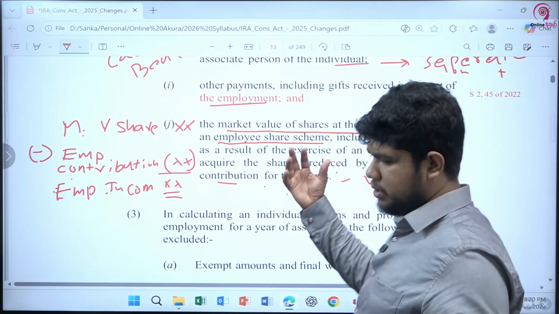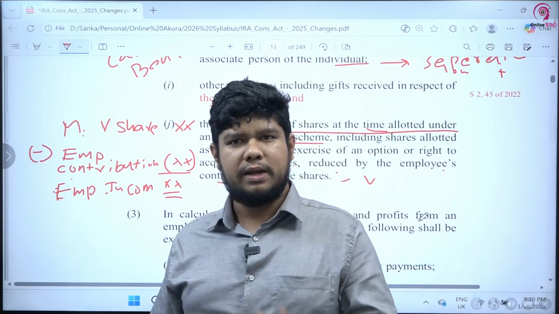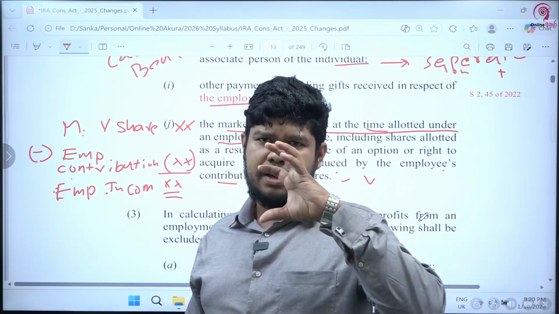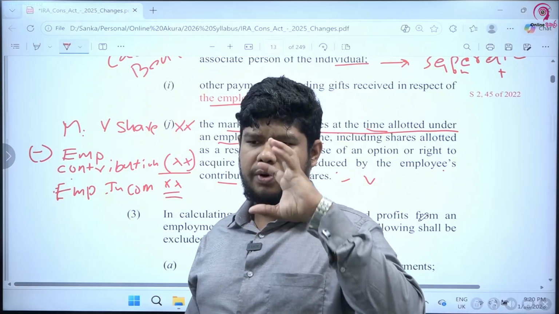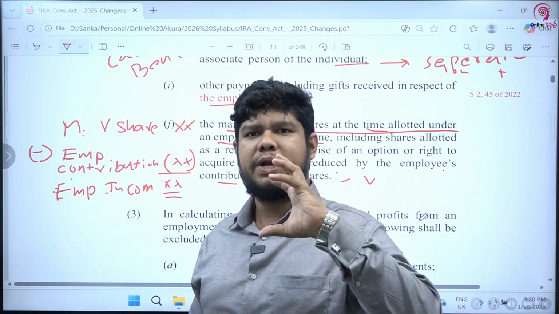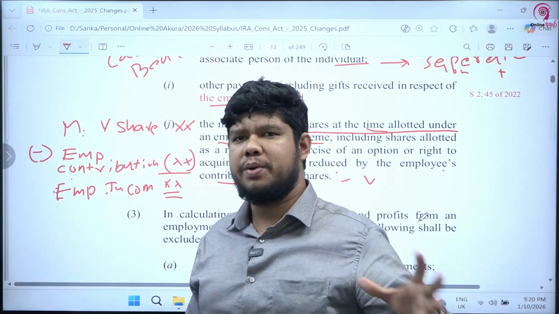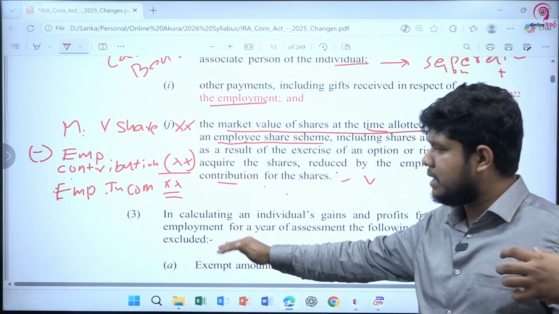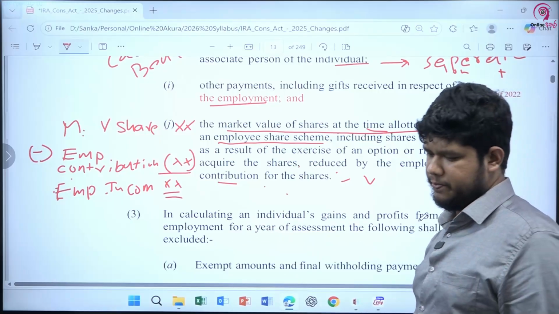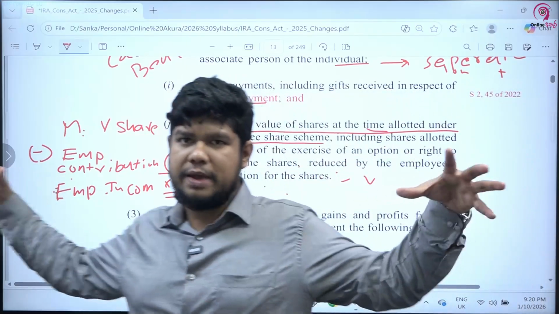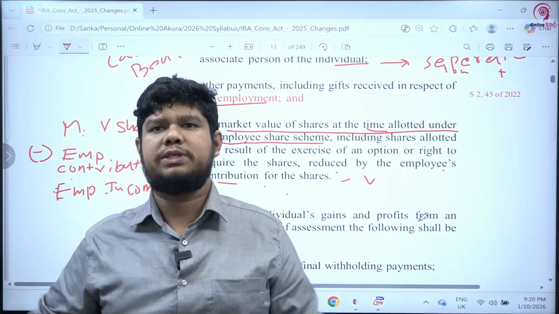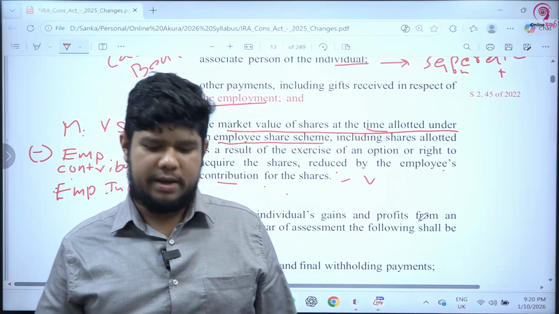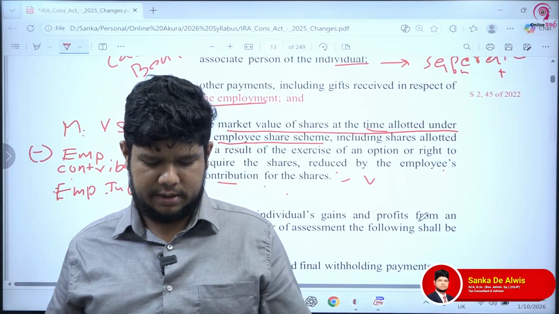Before that, you need to study these things again and again. In simple terms, anything connected to employment comes under employment income unless it is specifically excluded. Firstly everything is included, then they exclude certain things. We'll learn it in coming sessions.